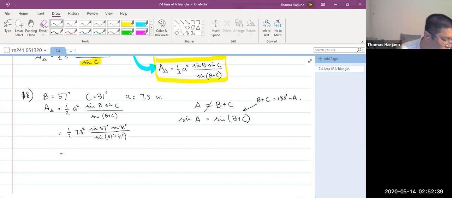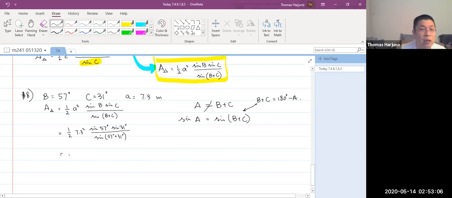Then 7.3 squared divided by 2 times sine 57, close parentheses, times sine 31 degrees divided by sine 88. I get 11.51625 square meters.